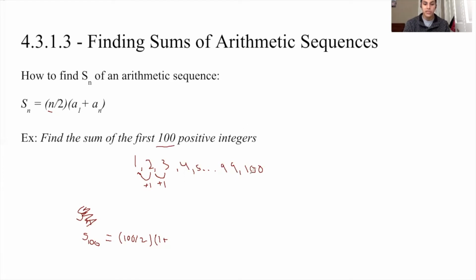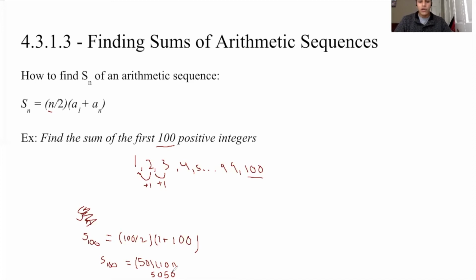And the 100th term in this sequence is just equal to 100. So if we write 100 here, then now we have our formula complete. So if we evaluate this out, we get S100 equals 50 times 101, because 100 over 2 is 50, 1 plus 100 is 101, and then when we multiply that, 50 times 101 is 5,050. So the sum of the first 100 positive integers is 5,050.